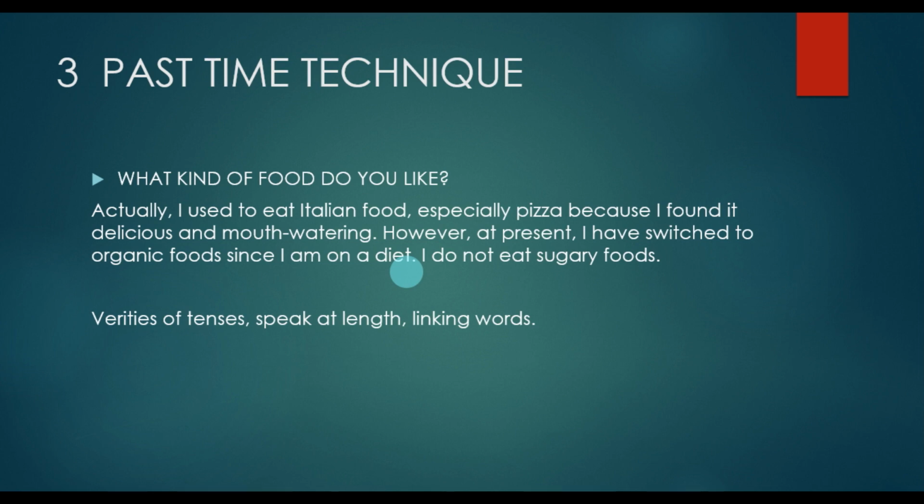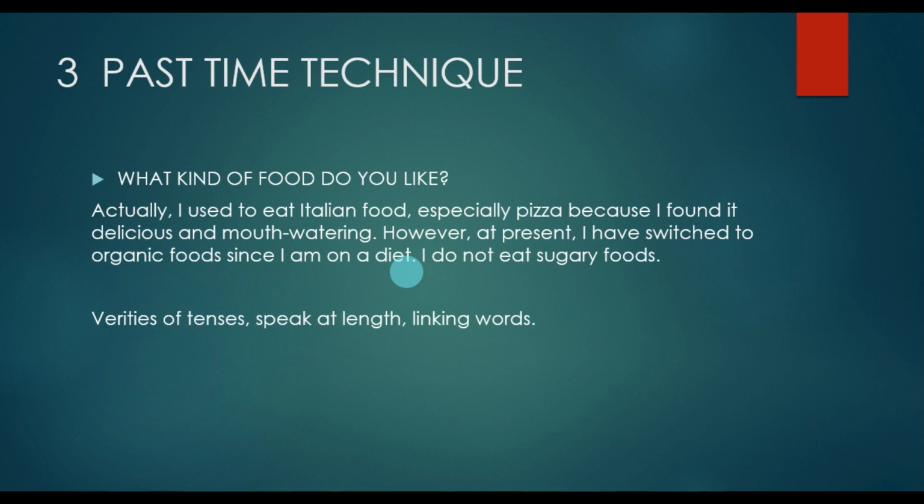Another example is, what kind of animal do you like? Actually, I was fond of small animals like rabbits in my childhood because I had one in my house and I used to play with it. However, at present I don't have any such preferences. I have become allergic to animal skins. That's it.